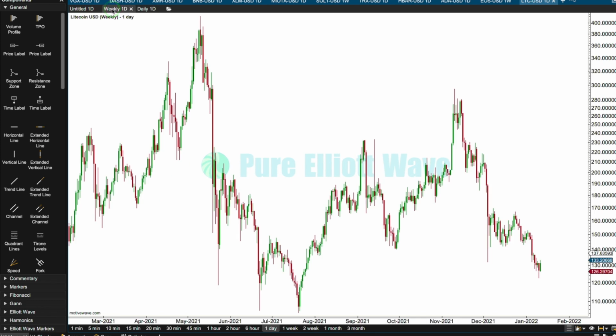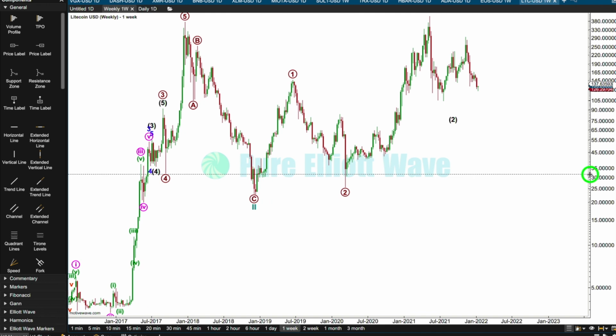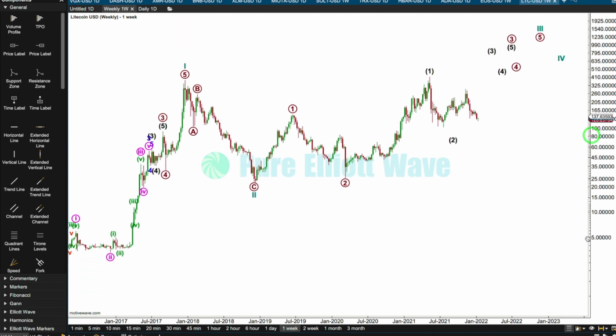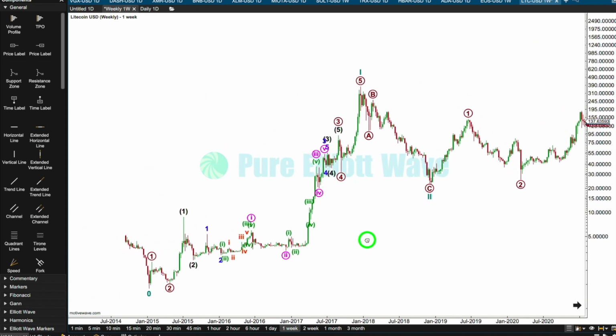Now it's just gone sideways. I don't think there's going to be much change to this analysis at all. Okay, so I'm viewing this on a semi-log scale, which is essential for any market or any set of data that has exponential growth. I'm counting 1, 2, 3, 4, 5 waves up, A, B, C, 3 waves back for cycle 2.